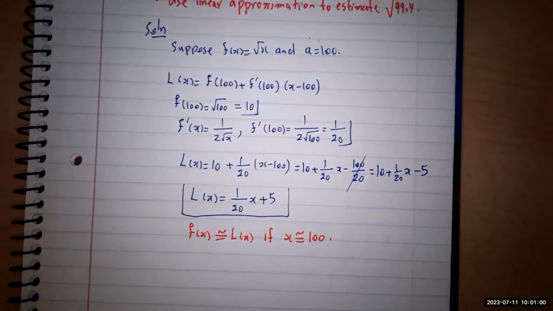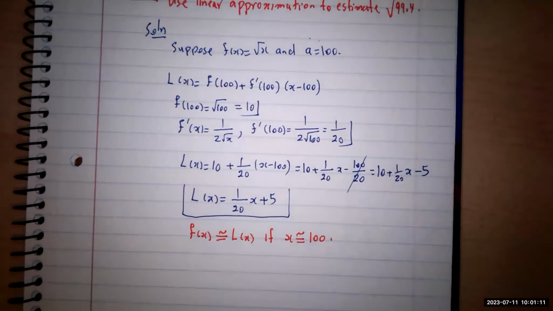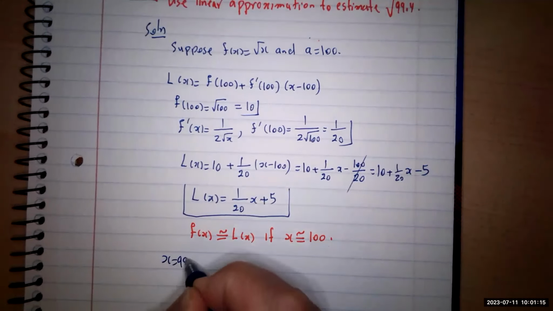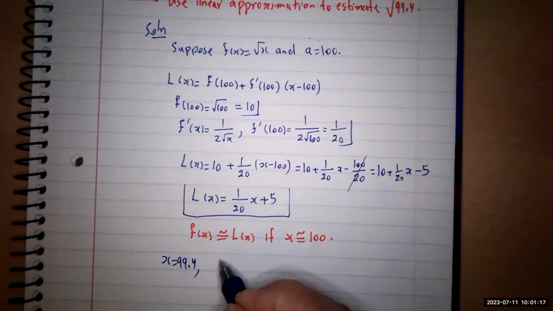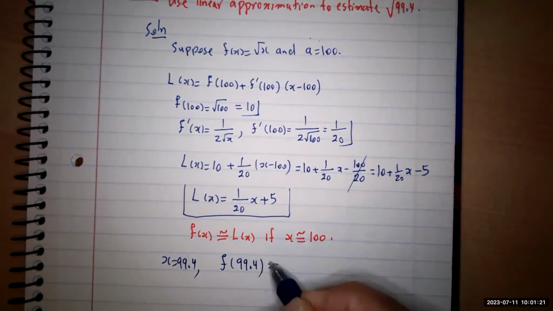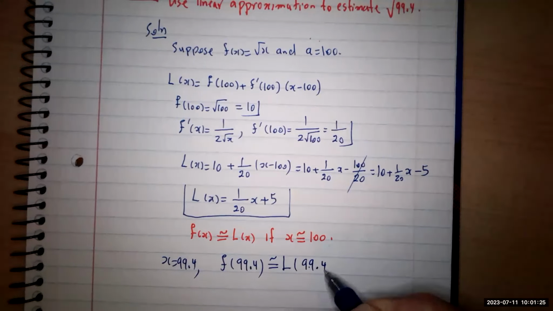You can do it, but your estimate is going to be way out. The number that we are interested in is 99.4. So we are interested in x equal to 99.4, so f of 99.4 is going to be like L of 99.4.